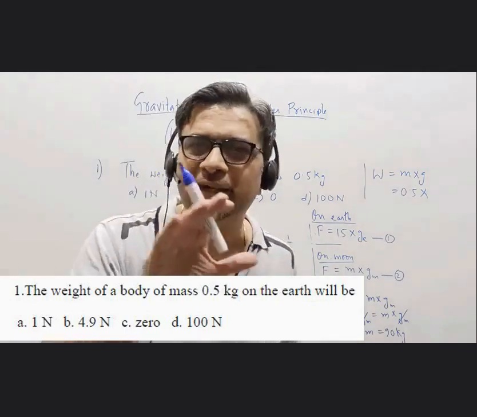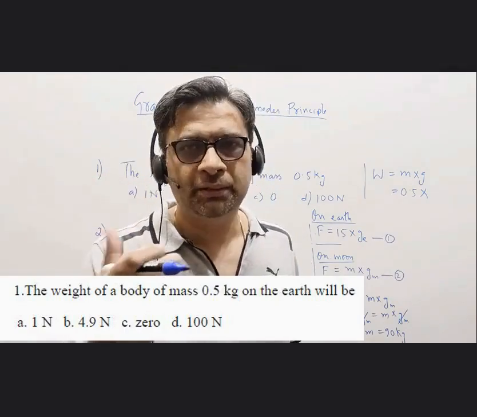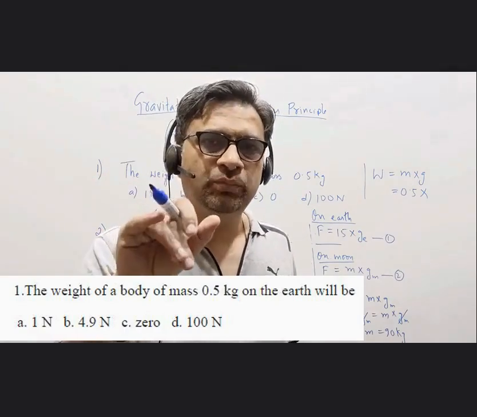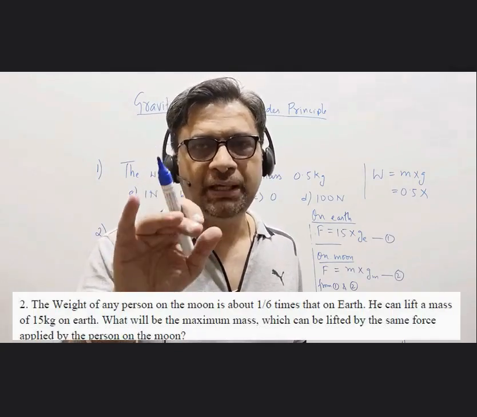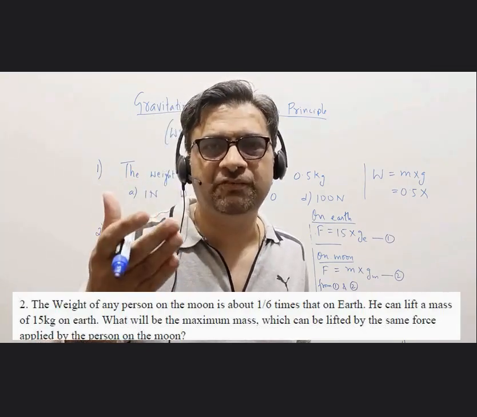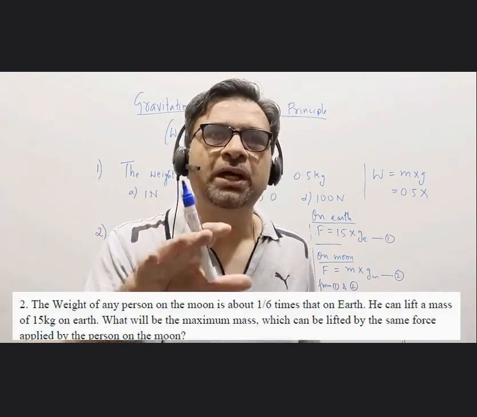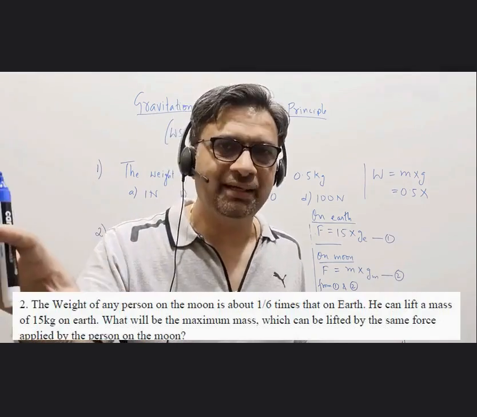In this case, go by the answer choices. As I have stated in earlier videos, whenever we are free to choose the value of G, pick the value of G which helps us, which makes things convenient for us. Doesn't mean you can pick any value of G. I'm talking about the choices 9.8 or 10.